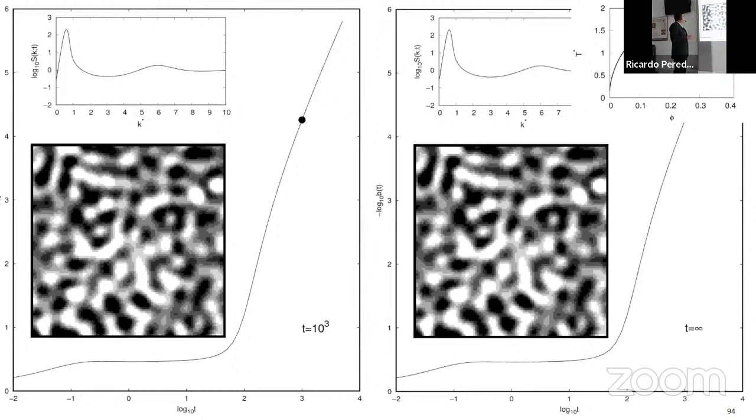So what we end up observing when, for example, quenching a system towards such states, is that the phase separation occurs, but it ends up arresting because of the dynamical arrest process that is modeled through the theory.